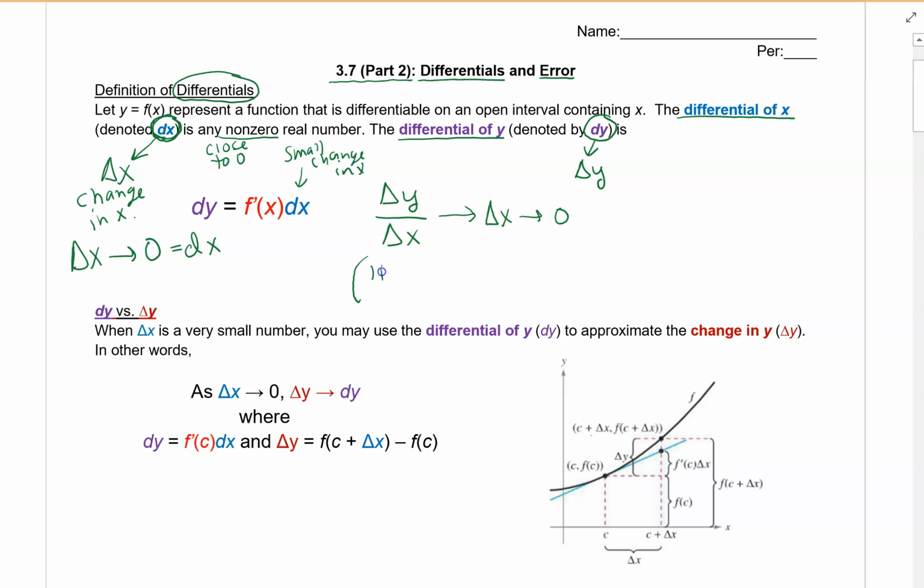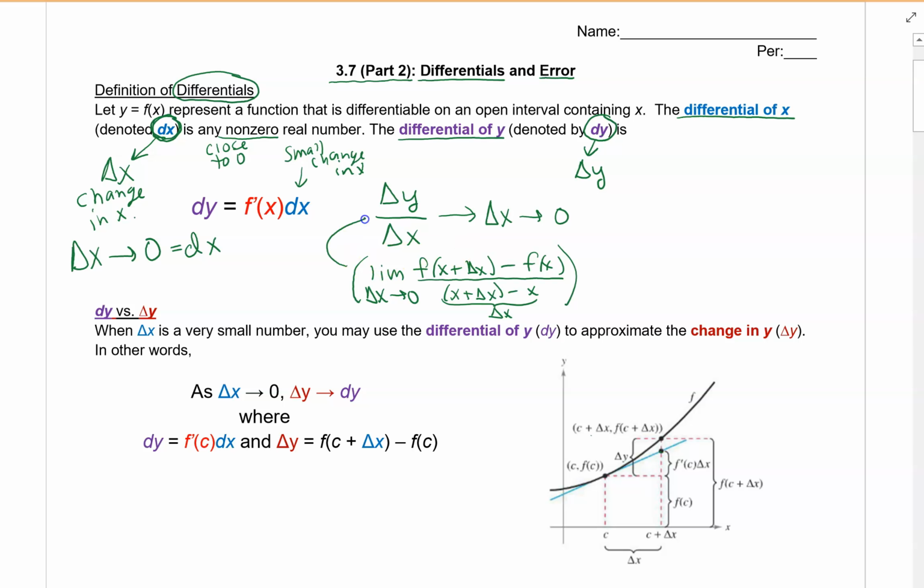So you may remember this limit formula from chapter 2, where I was taking two different x values, x and x plus delta x, and getting two different matching y values. I subtracted those y values and I subtracted those x values to get this quotient, where in the denominator I just had delta x. And then I let that delta x go to 0.